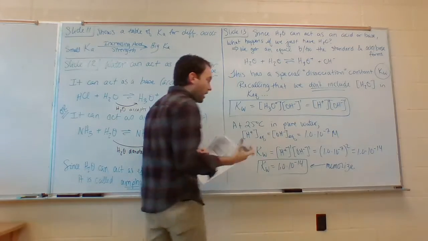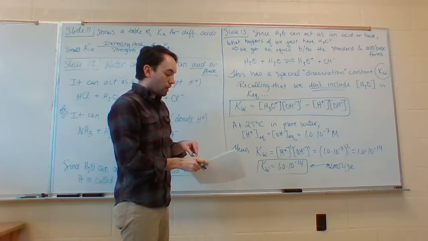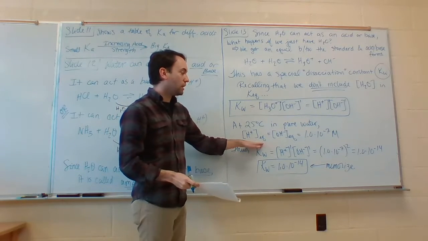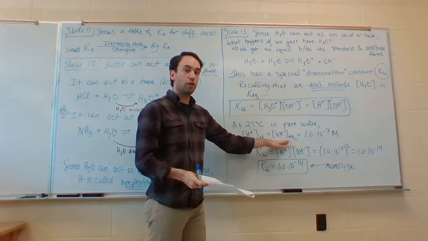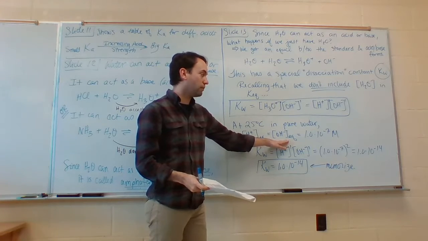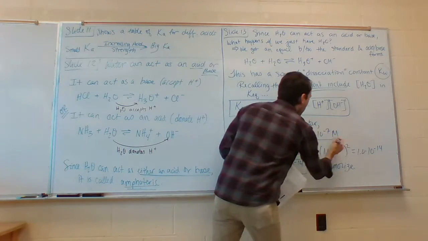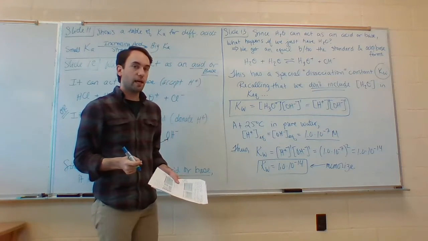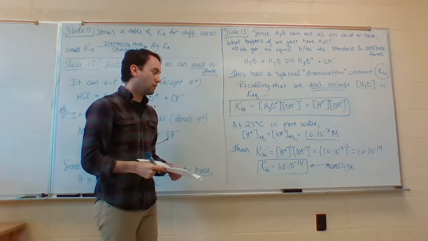Now, at 25 degrees C in pure water, our concentration of H plus at equilibrium is going to equal our concentration of OH minus at equilibrium. And they happen to be 1.0 times 10 to the negative 7th molar, okay?